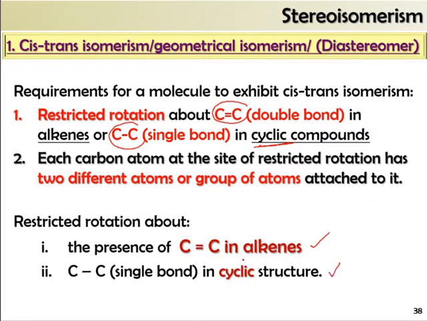What is mean by cyclic compound? Yang ada struktur dalam bentuk cyclic, contoh kalau ada macam ni, and this one. Bila kita namakan dia mesti ada word cyclo. So itu adalah cyclic structure, tapi yang single, carbon-carbon single bond. So dia ada restricted rotation dekat situ.